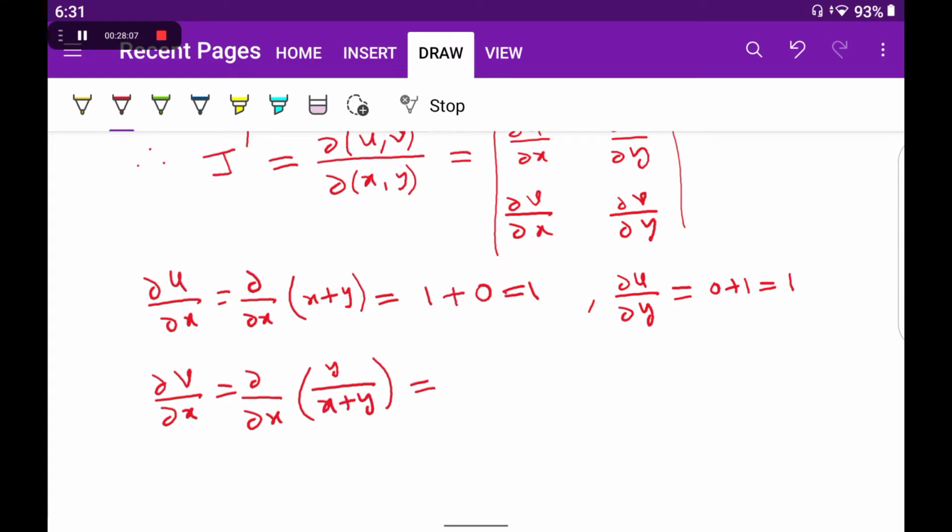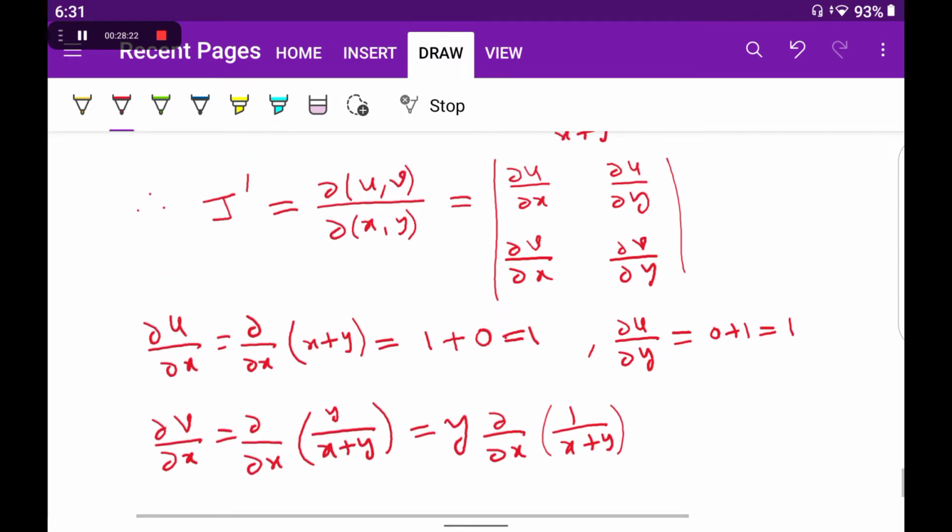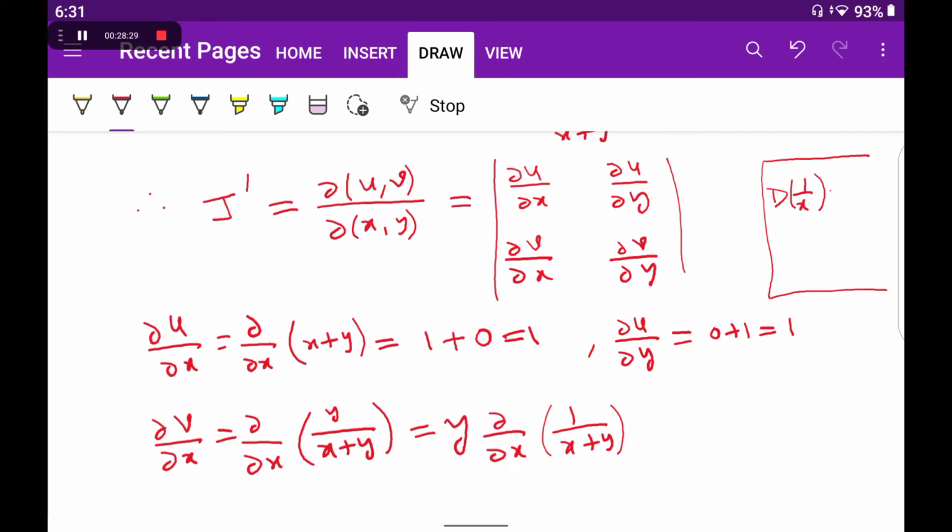We are differentiating with respect to x. In the numerator there is no x, so you can take y as constant, dou by dou x of 1 by x plus y. But what is the derivative of 1 by x? It is minus 1 by x square, with respect to x. So here this is like 1 by something.